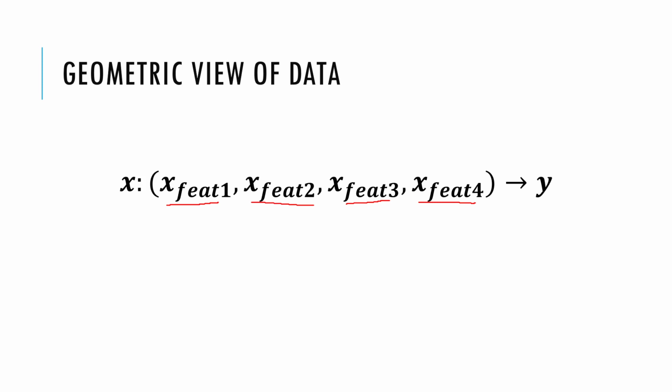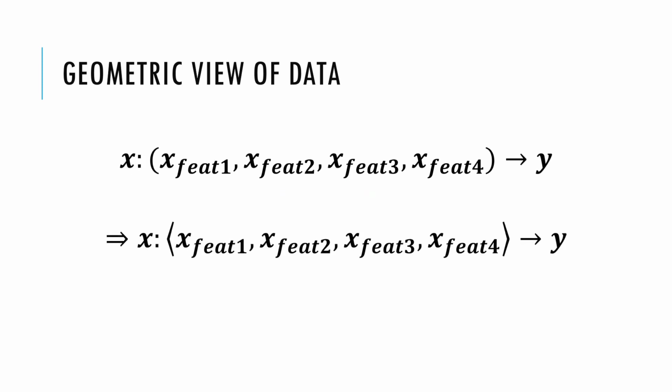If they are dimensions, then we can simply treat an input as a vector mapped to a particular output y. In short, an example is just a point in a high-dimensional space.